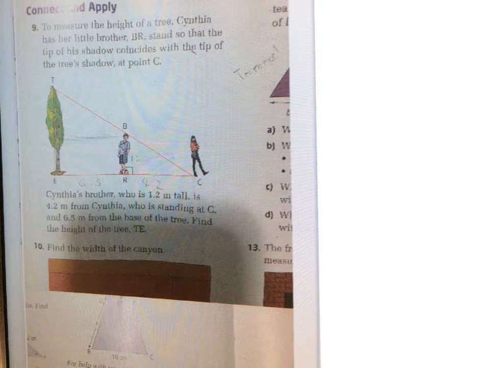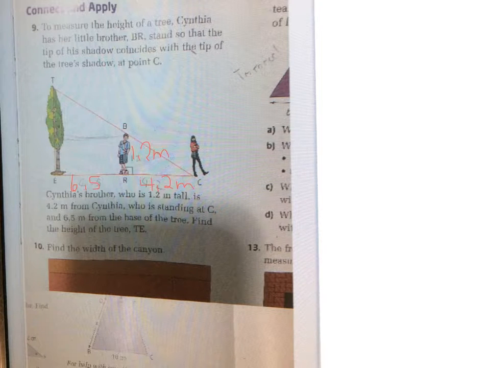It's the area. So this one, to measure the height of the tree, she has her little brother stand so that the tip of his shadow coincides with the tip of the tree's shadow at a point C. So her brother is 1.2 meters tall, and he's standing 4.2 meters from Cynthia and 6.5 meters from the base of the tree.